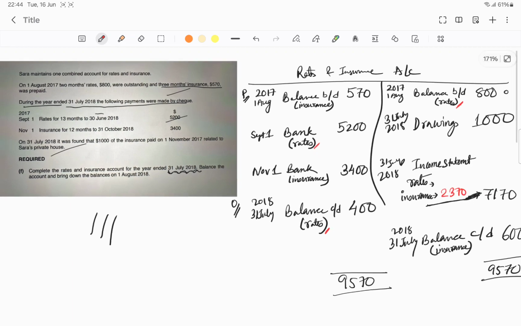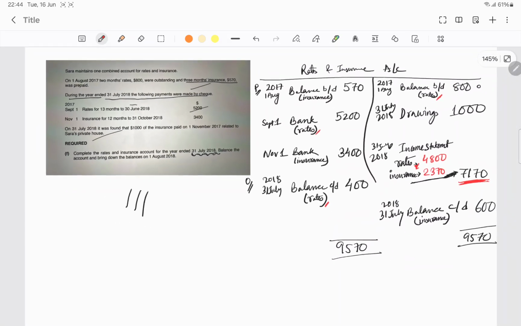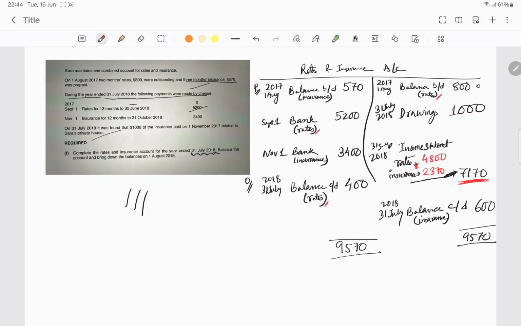We write down under rates 4800. Now add those: 4800 plus 2370 is 7170, which means our answer is absolutely correct. This is how we prepare a combined expenses account. At last, you bring down the balances. This is our final answer.